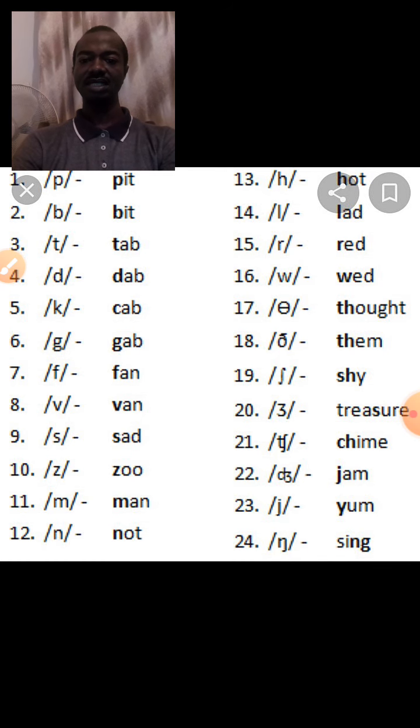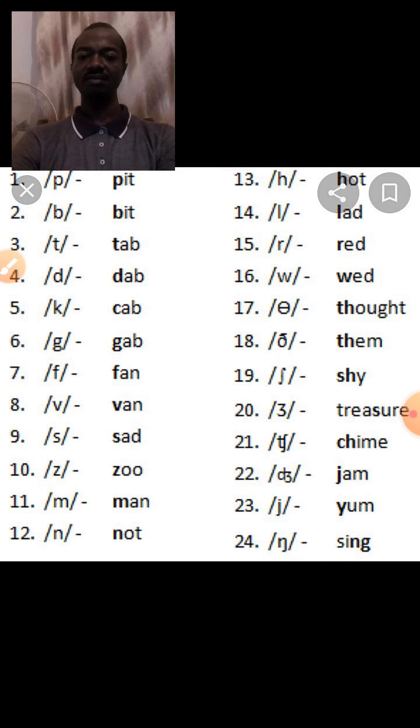You have the S sound, like you have in sad. Mind you, sounds are normally put within slashes, like you have in these examples here. So when the symbol is put within slashes, it shows that it's a sound. You have the Z, like you have in zoo.